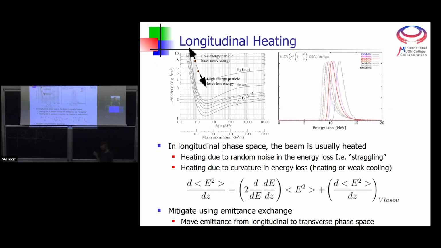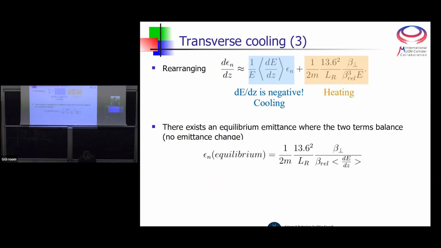So what you say is correct, except the rate at which you cool is proportional to, on this formula, dE over E. So somehow, if your energy is huge, then your rate of cooling becomes very low, and you need more and more equipment, and it gets very expensive.